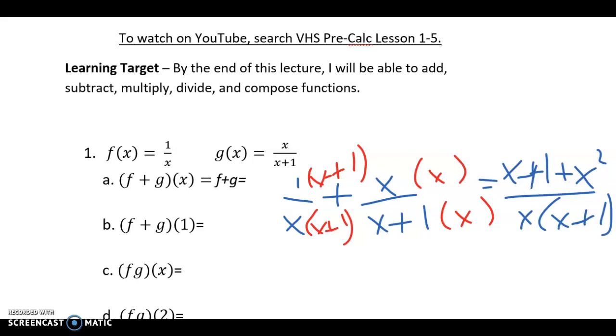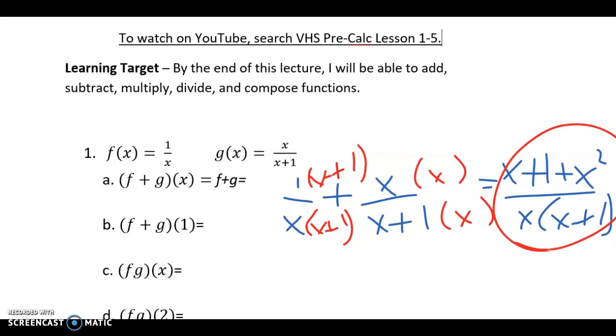Let me make that a plus sign so it doesn't look quite so bad. Probably we should have the x squared first, then the x and the 1, but really this is our answer. There's nothing more we can simplify. If I go to try to factor anything, it's not going to work out. So that's really it. And sometimes they're going to be messy like this.